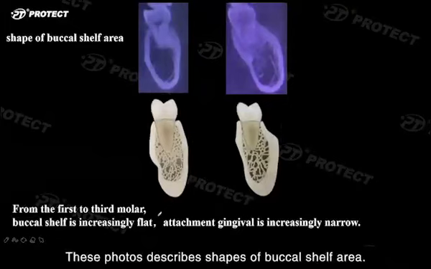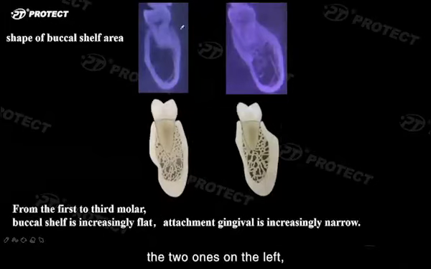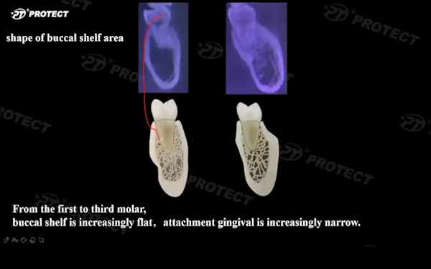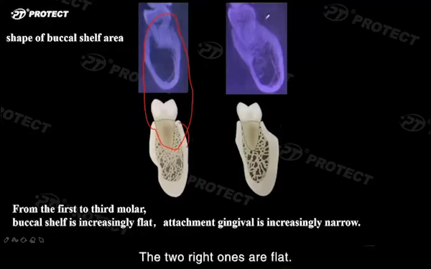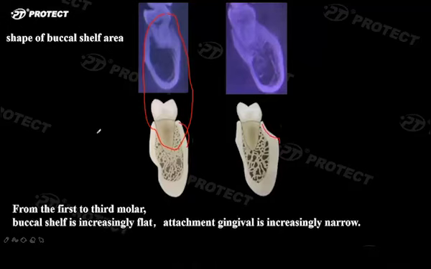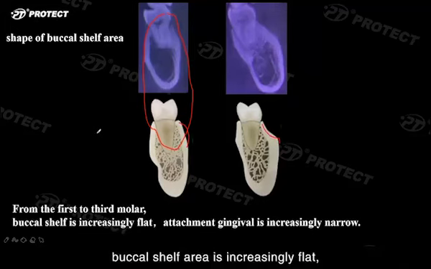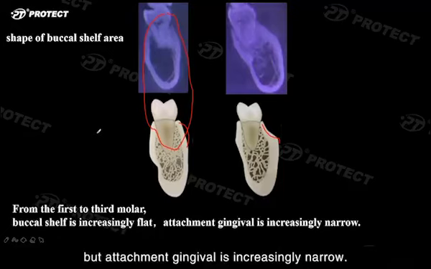These photos describe the two shapes of the buccal shelf area. The two on the left are steep. The two on the right are flat. From the first to the third molar, the buccal shelf area is increasingly flat, but the attached gingiva is increasingly narrow.